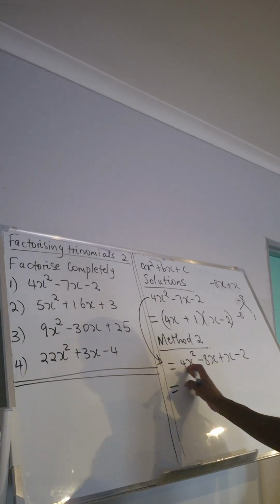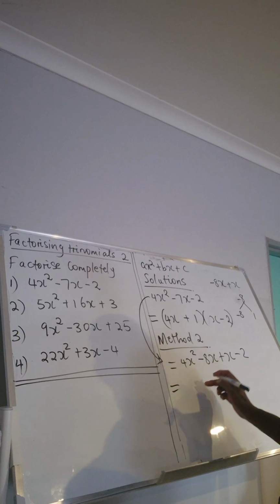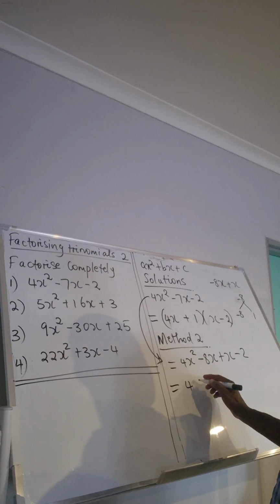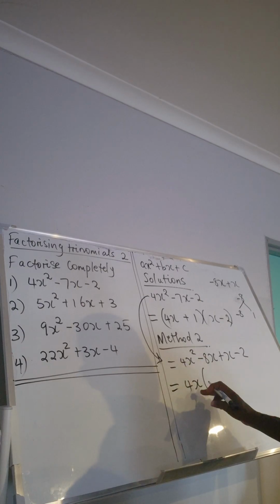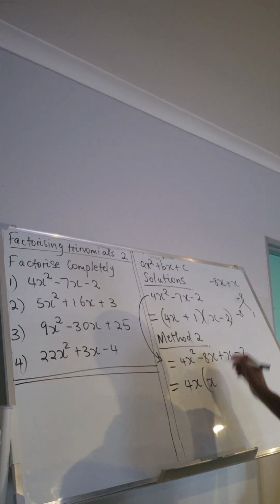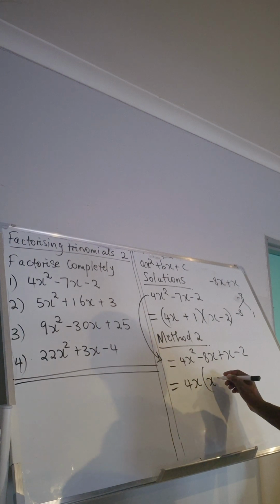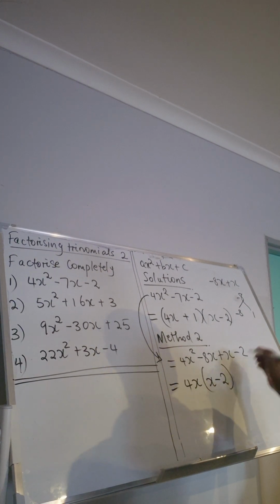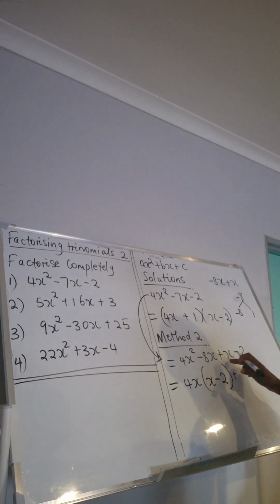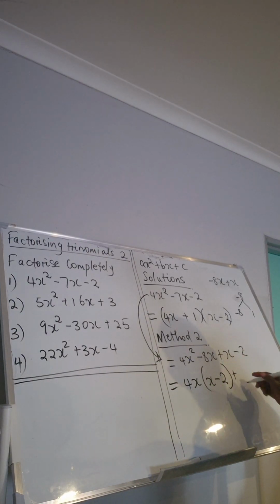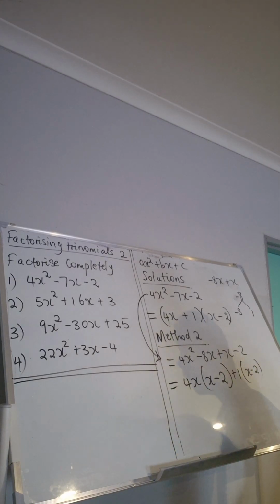Equal to, you group 2, 2, like what we did before. So these two, the common factor is going to be 4x. Then you start dividing: 4x squared divided by 4x, you get x. Then minus 8x divided by 4x, you get minus 2. Then plus, and obviously here, the only common factor is 1. So you write a 1 outside, then x minus 2.